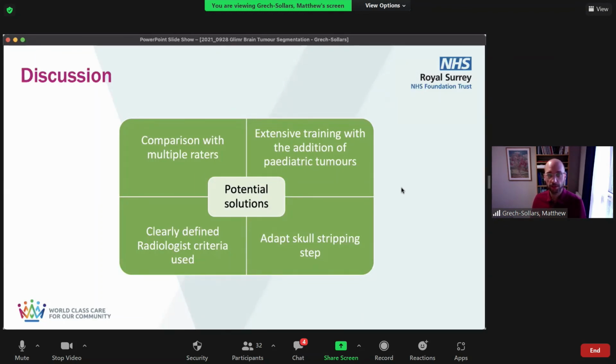Then, we need to start including other tumor types rather than just focusing on glioblastoma or low-grade glioma in terms of brain tumors, particularly in a pediatric cohort, in terms of getting the right training step. The next thing is improving our technical processing in terms of things like brain masking. And finally, when doing a comparison, we need to clearly define the criteria radiologists use.